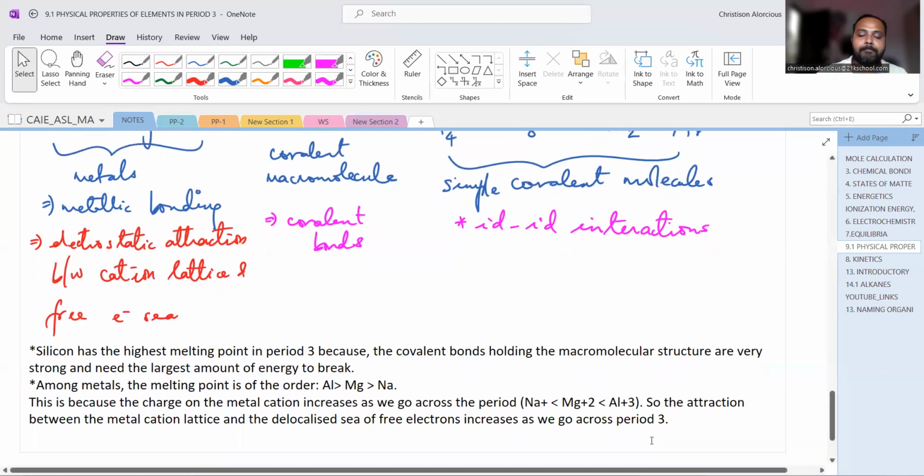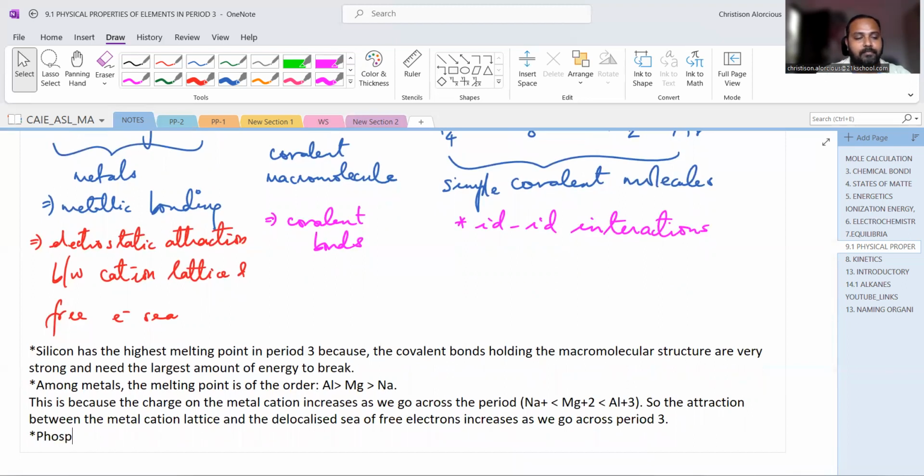Now coming to the ID-ID interactions. Phosphorus, sulfur, chlorine, and argon are simple molecules which have instantaneous dipole to induced dipole interactions.